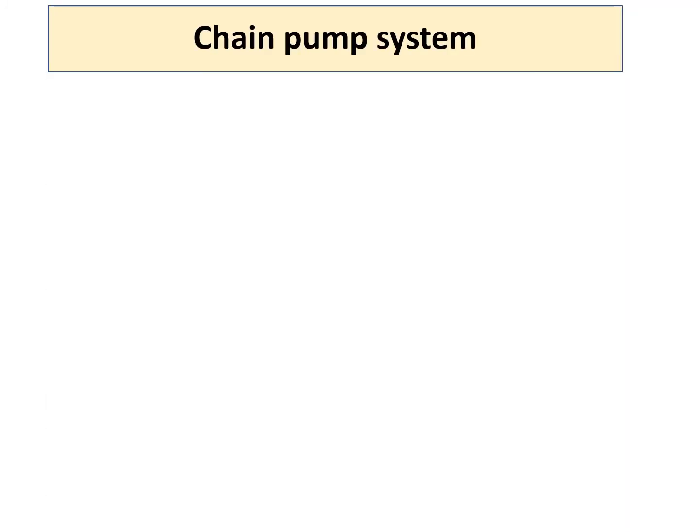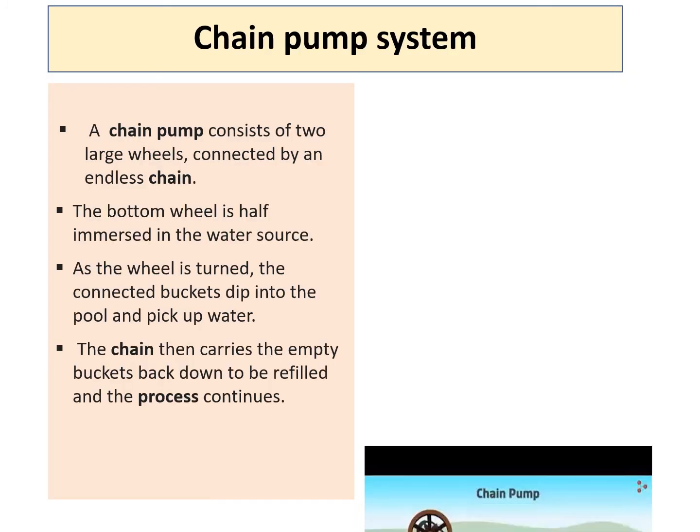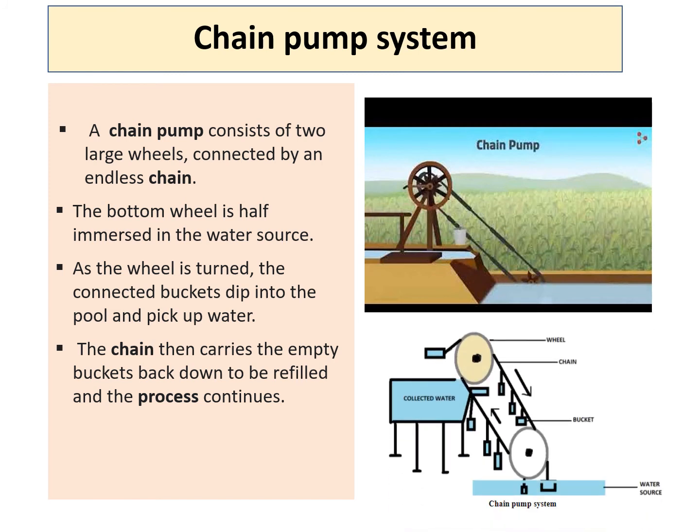Now the next is the chain pump system. The chain pump system generally consists of two large wheels, as you can see in the picture, and these two large wheels are connected by an endless chain. The bottom wheel is generally half immersed in the water source.